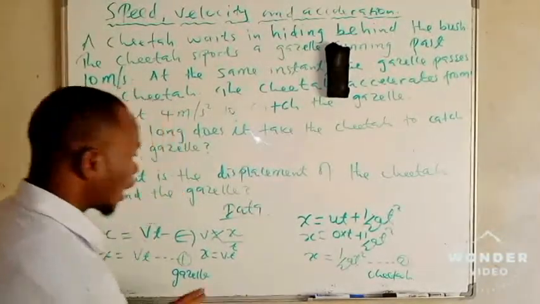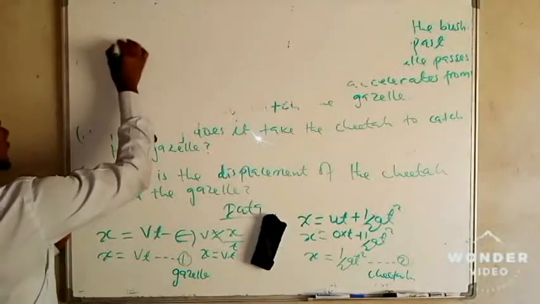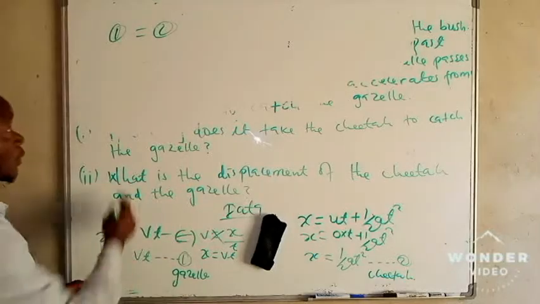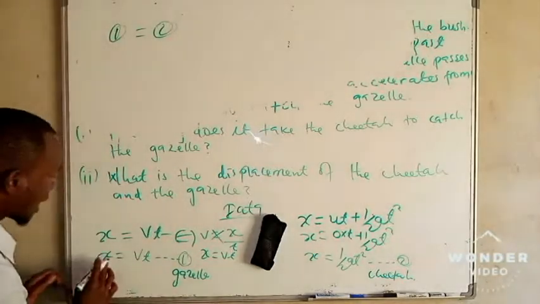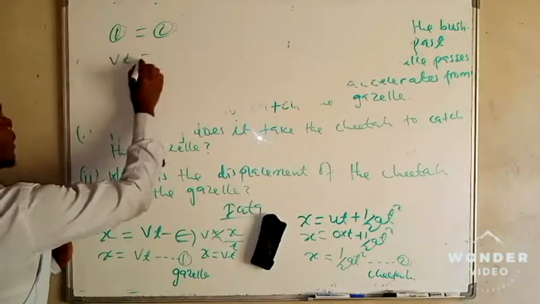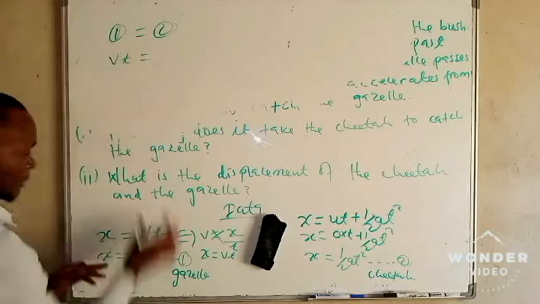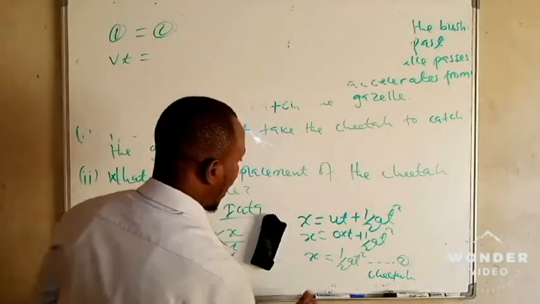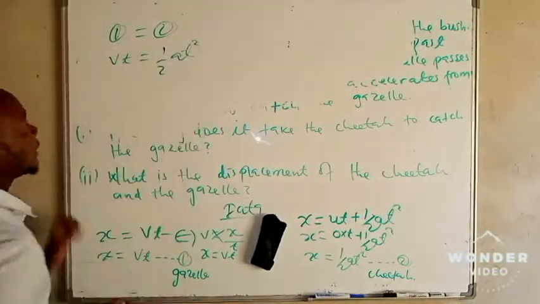So equation 1, x is equal to vt, is equal to the displacement for the cheetah, half at squared.